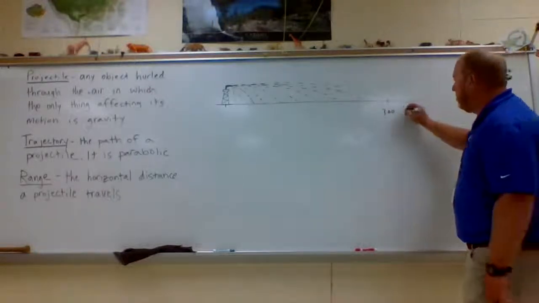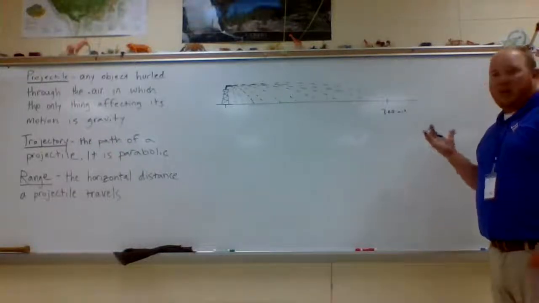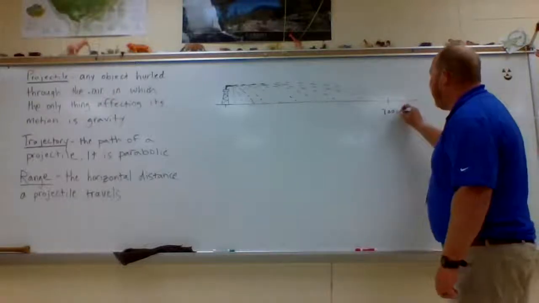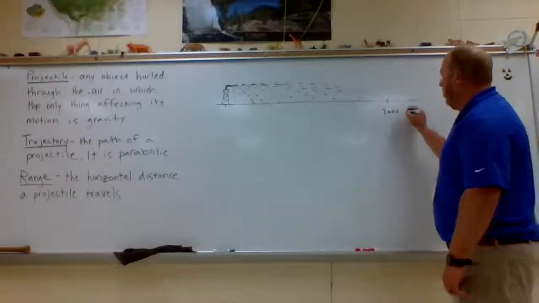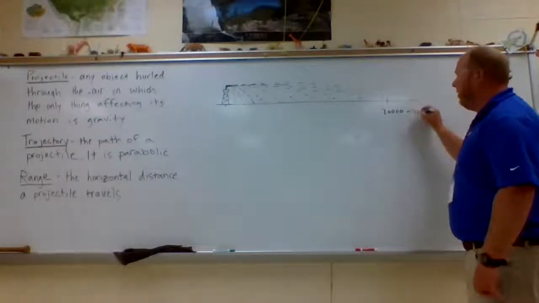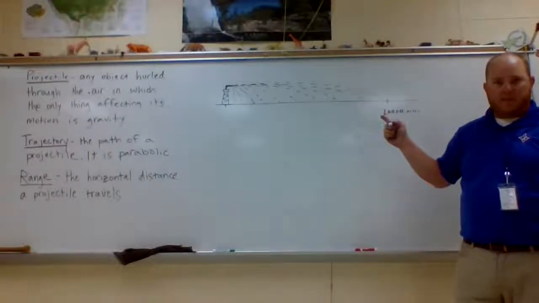But if we change this to 300 miles, it might be fairly accurate. But if we change it to 3,000 miles or even 30,000 miles, then this is not an accurate depiction of what's going to happen.